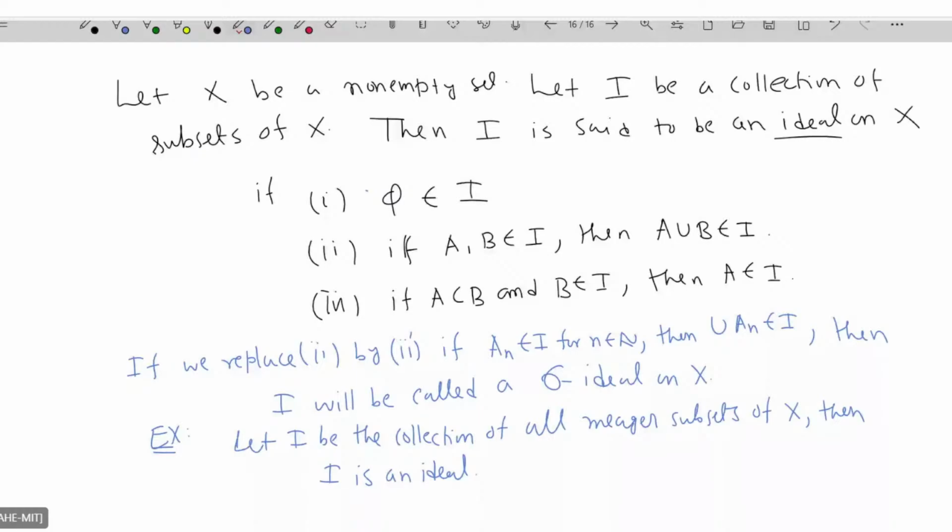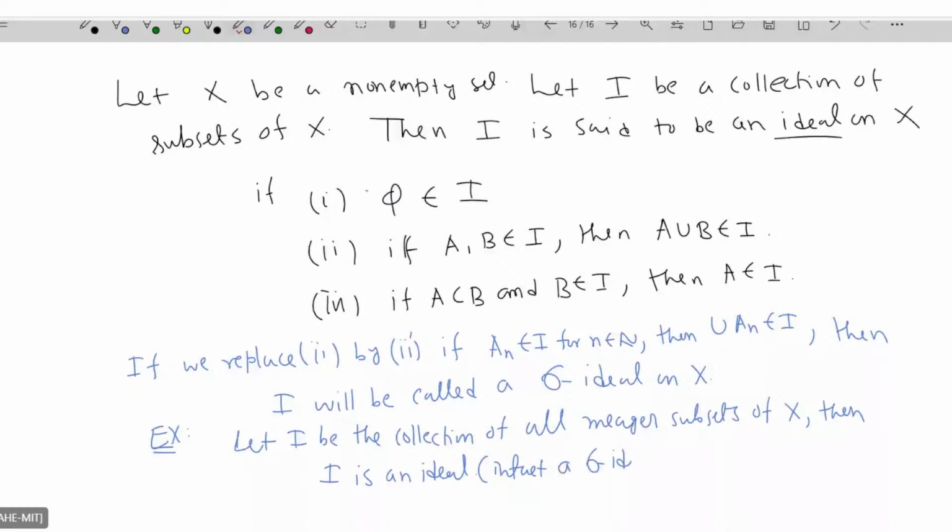So it does not depend on the cardinality here. Okay. So that means that it will also form a sigma ideal.